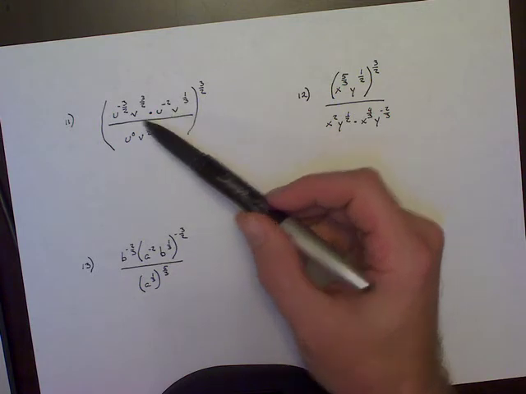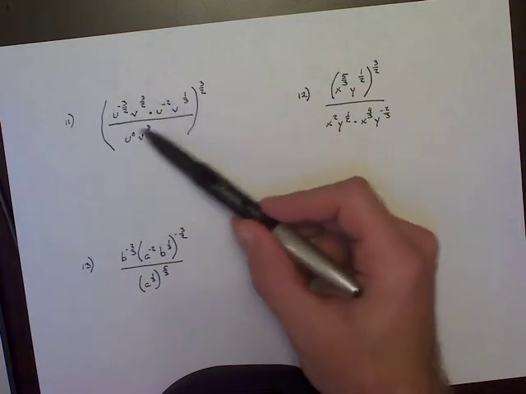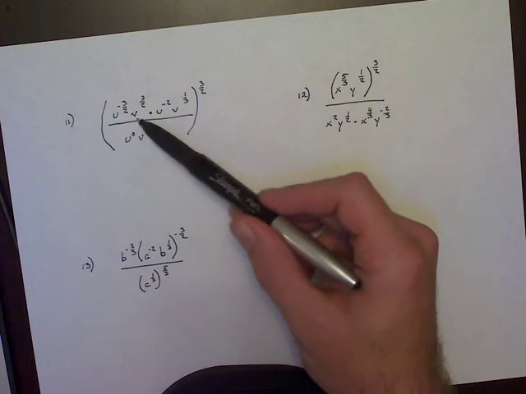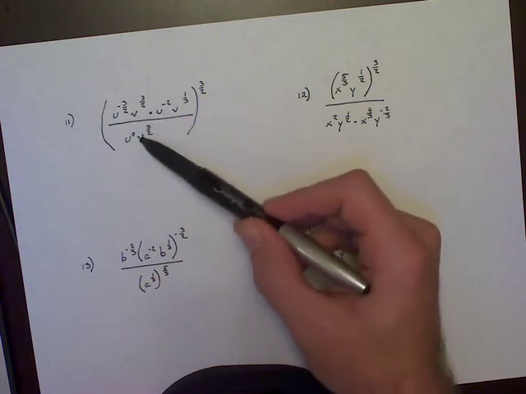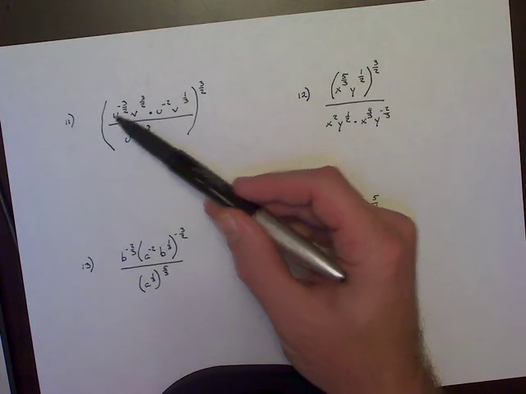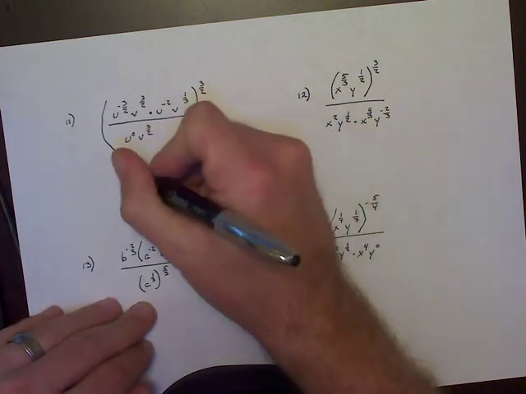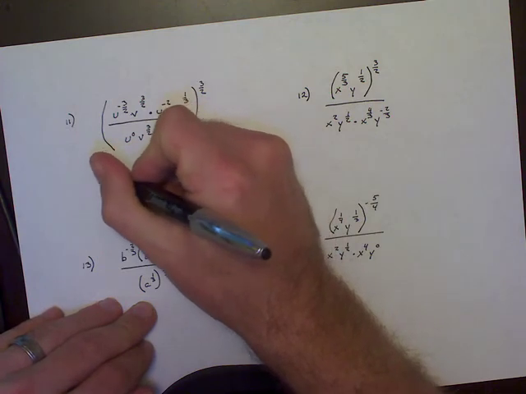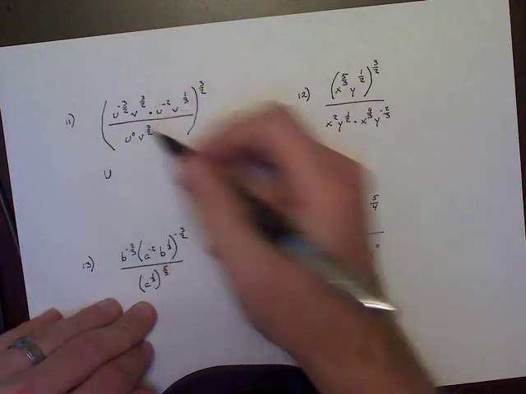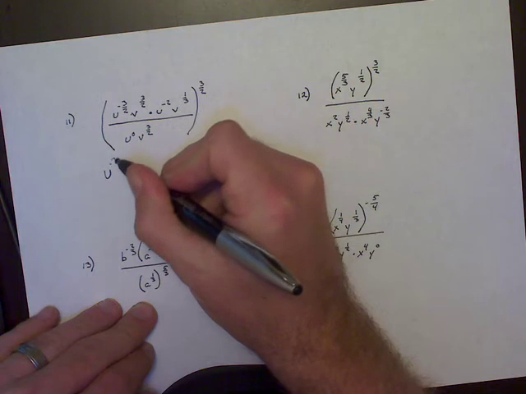So we're going to simplify the top, and then once we've simplified the top, we'll bring the bottom into it. So basically what we want to do is take u to the negative 3/2 and u to the negative 2 and multiply those together.